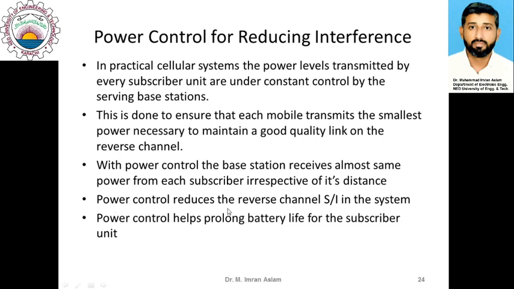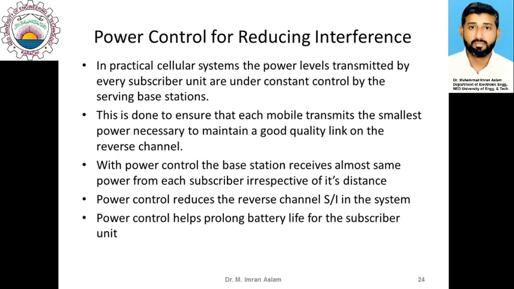This power control increases the reverse channel signal to interference ratio. It reduces the effect of interference and increases the signal to interference ratio in the system.